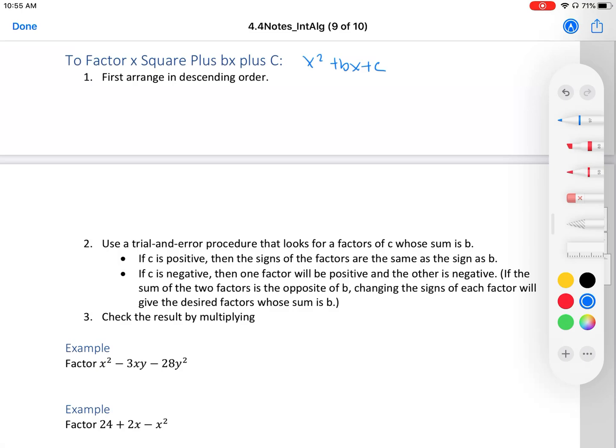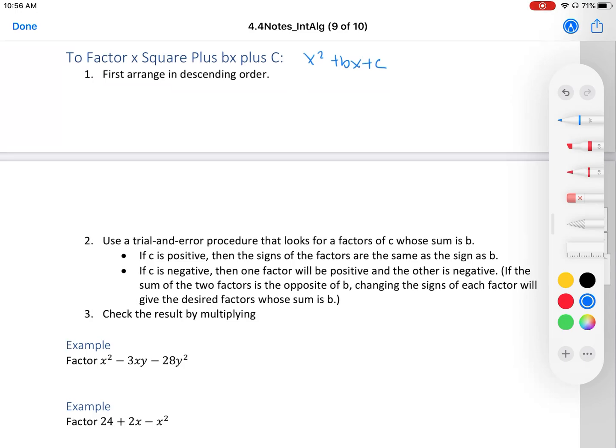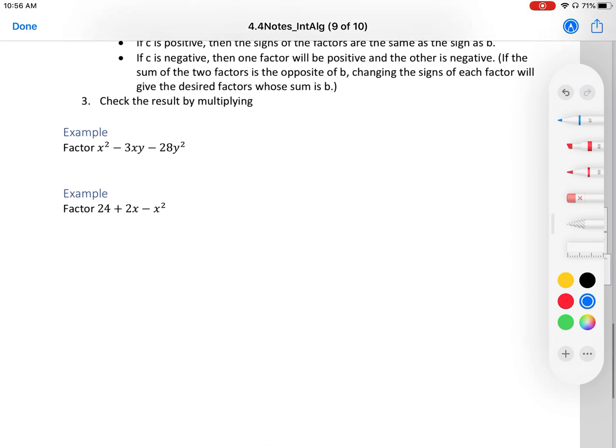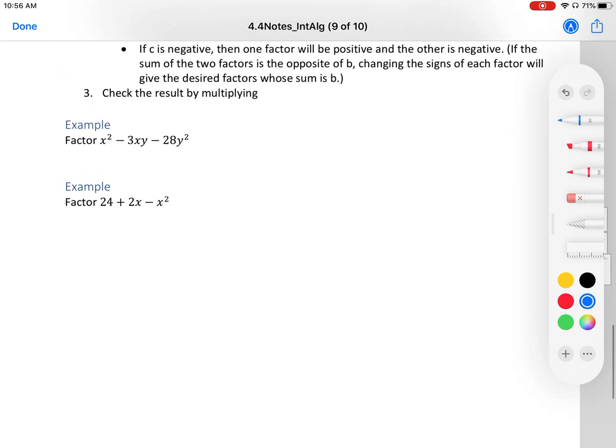If c is positive, then the signs of the factors are the same as the sign of b. If c is negative, then one of the factors will be positive and the other negative. If the sum of the two factors is the opposite of b, changing the signs of each factor will give the desired factors whose sum is b. Check results by multiplying. So let's do these two examples.